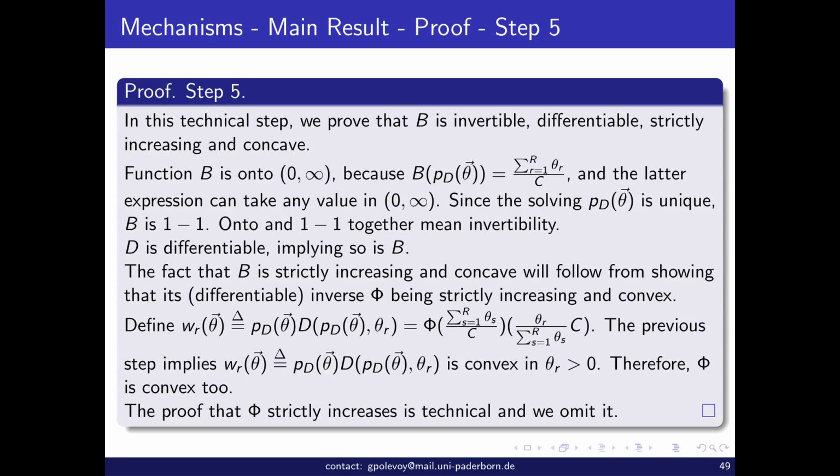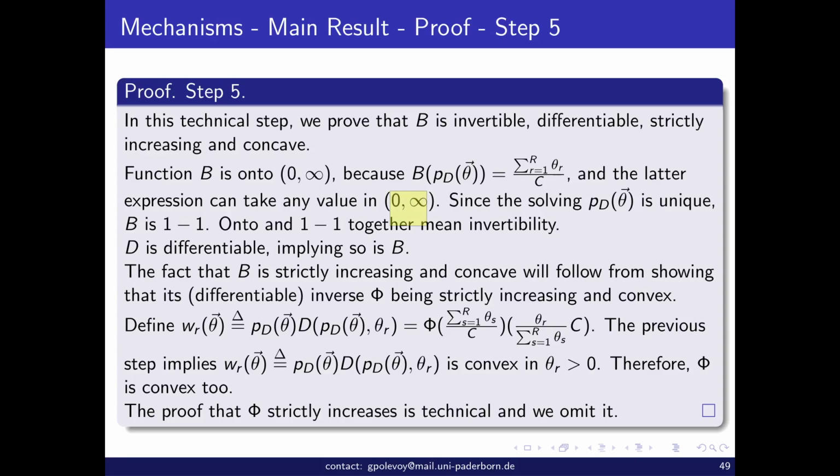Now function b is onto zero to infinity because we have shown that it's the sum of the bids divided by c, that's the total capacity which we share, and the bids can take any positive value.